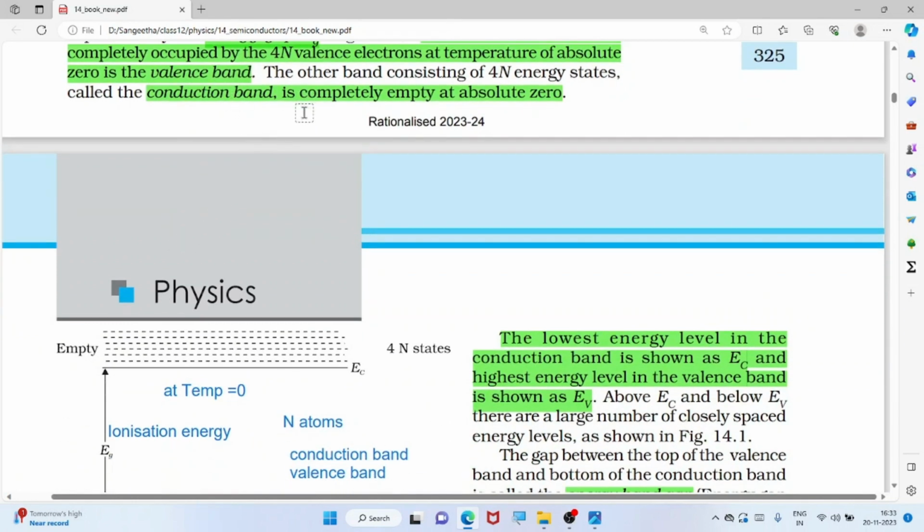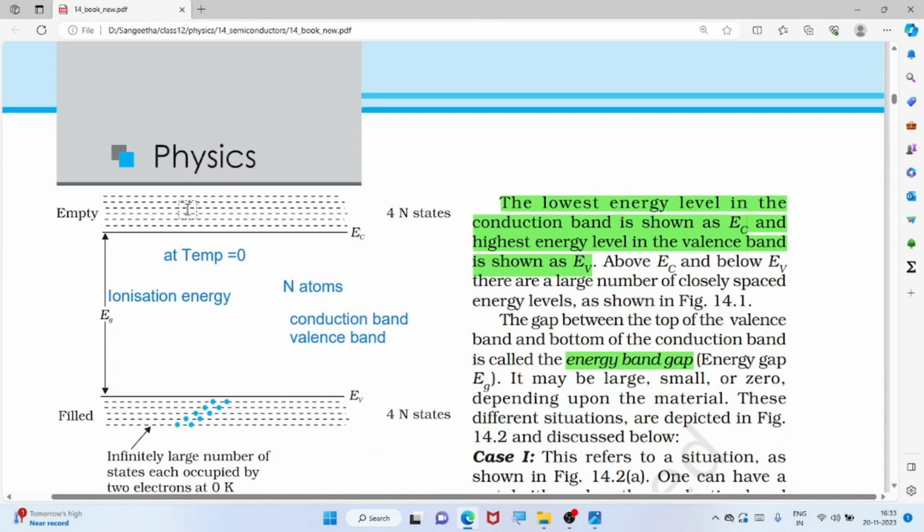Normally this conduction band is completely empty at zero temperature. At temperature 0, this is the conduction band, it is empty, no electron in it. This is the valence band, all electrons lie in the valence band, and the energy gap between the conduction band and the valence band is the ionization energy, E g, the energy gap.